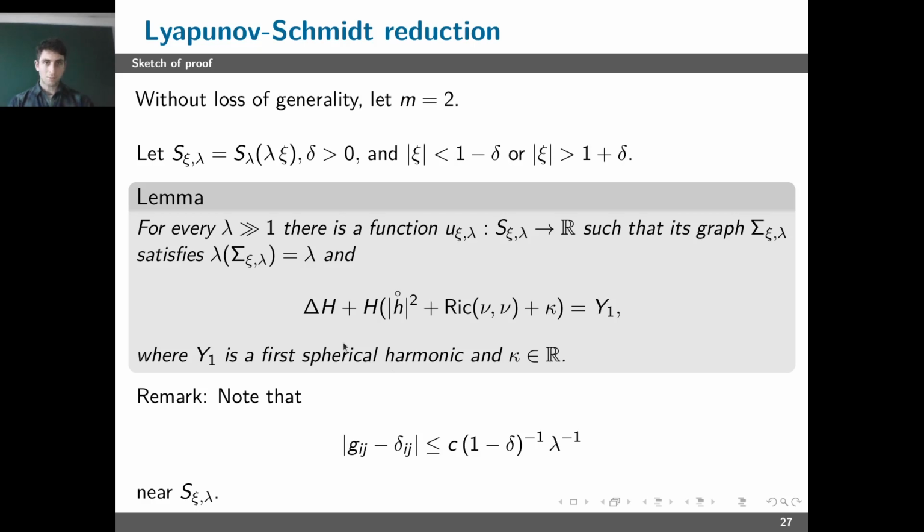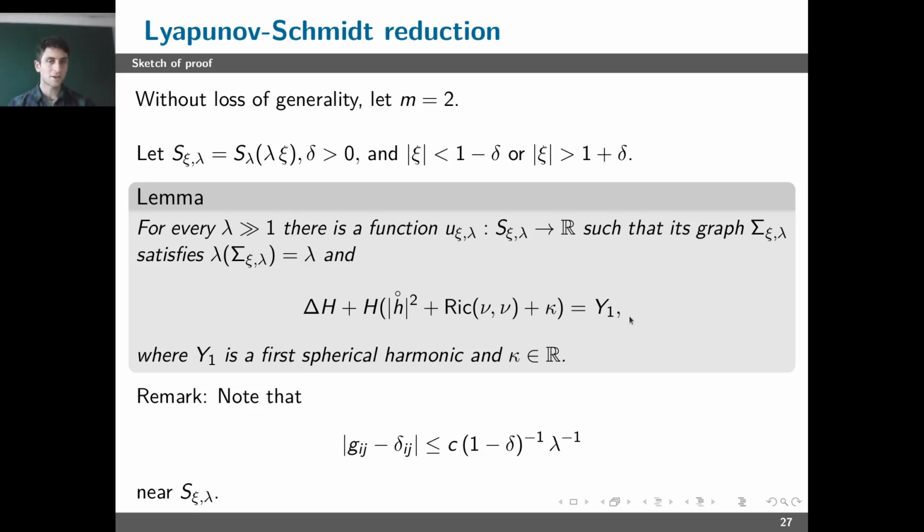Okay, so why can we not exactly solve the area-constrained Willmore equation? Well, in Euclidean space, the Willmore energy is invariant under translations, and this causes the linearization of the Willmore operator of a sphere to have a kernel which corresponds to translations, or in the language of variations, to first spherical harmonics. For this reason, we can only use this method to solve the constrained Willmore equation up to the sum of first spherical harmonics.